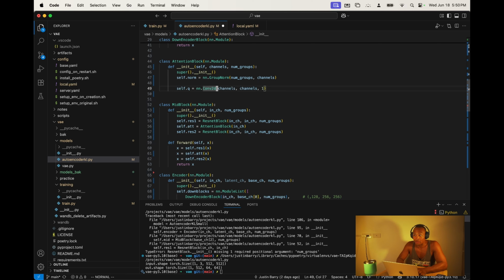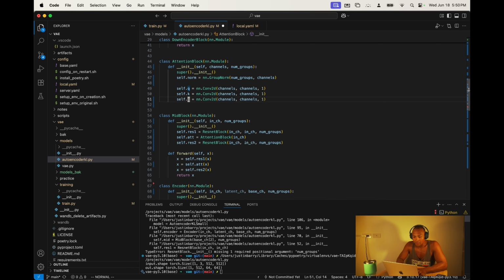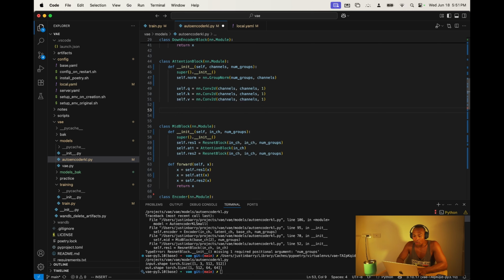Just like in regular transformers, the queries, the keys, and the values are all weight matrices. But in this case, we're just maintaining the spatial dimensions of the image. So queries, keys, and values are all learnable spatial projections. And then pretty sure that's it.